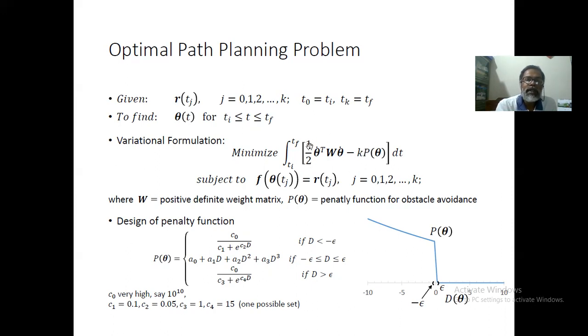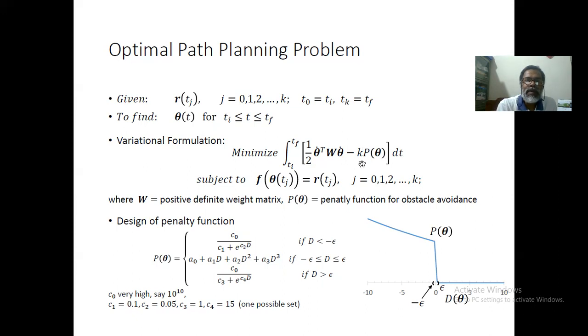That is, this part, half theta dot transpose W theta dot, resembles a kinetic energy kind of term. Which on its own, if there is nothing else like this to impede its work, then this would try to give you a straight path in the theta space, which will basically minimize the joint motion.